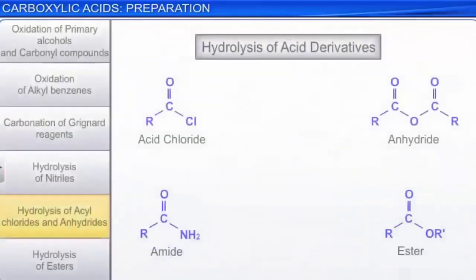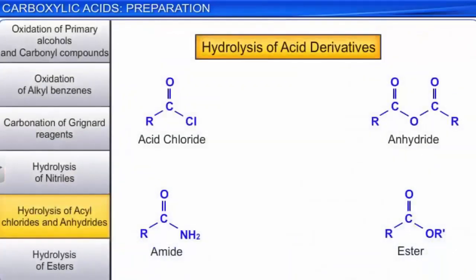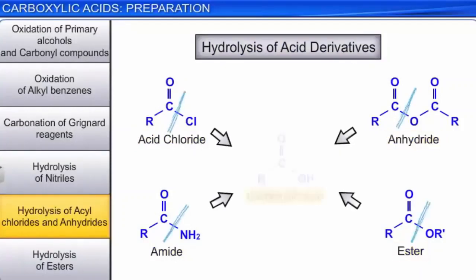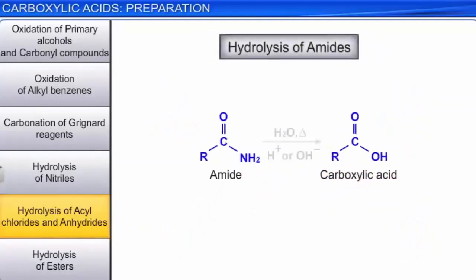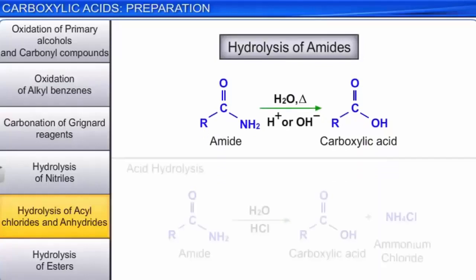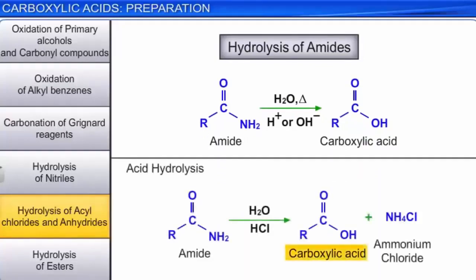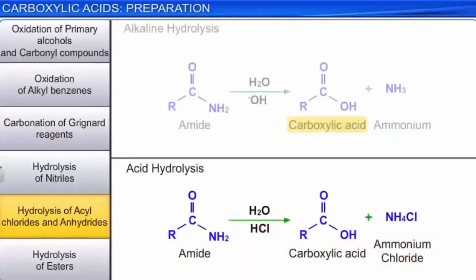The hydrolysis of acid derivatives such as amides, acid chlorides, anhydrides, and esters yields carboxylic acids. Amides undergo hydrolysis on being boiled with a dilute acid or alkali. The hydrolysis yields carboxylic acid and an ammonium salt with an acid, and carboxylic acid and ammonia with an alkali.